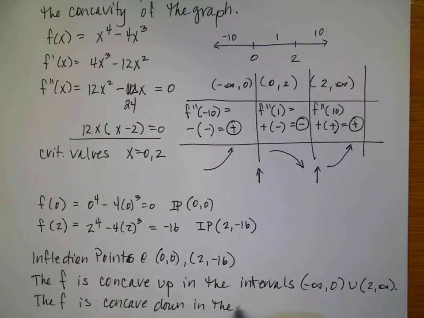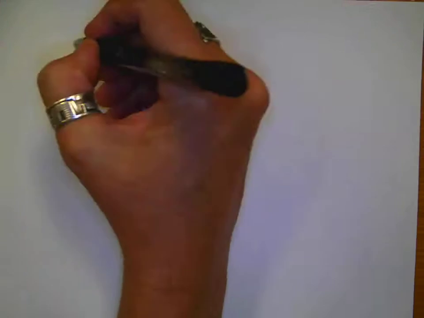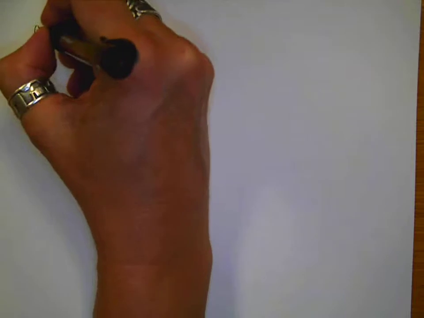The function is concave down in the interval from 0 to 2. So I think this kind of mix of tabular and graphic is really nice because I can see a lot of information right there.